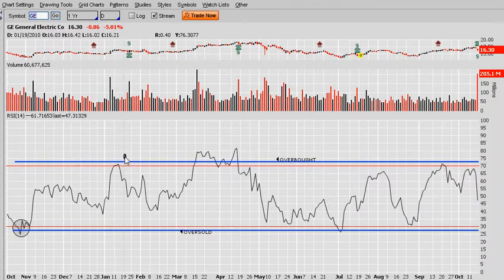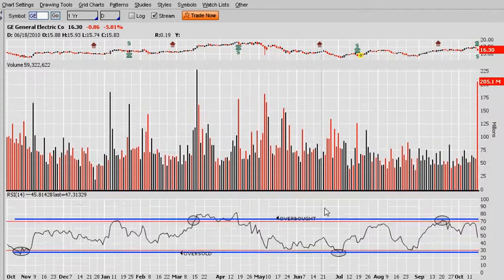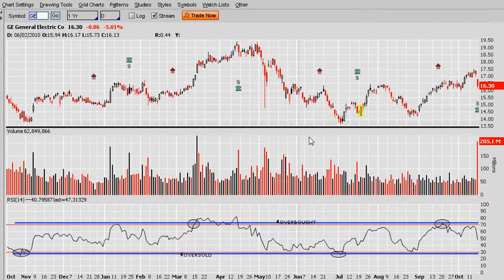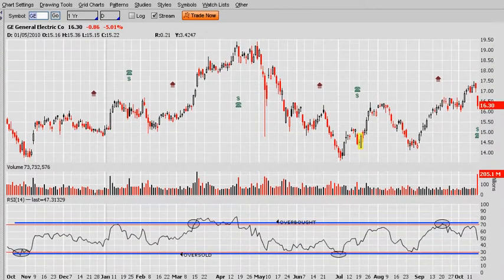Actually, nope, I'm using the blue line. So we would buy there, and we would sell here, and then we would buy here, and we would sell here. Alright, let's see how that works for us. I'm going to move this back down again, and I'm doing this totally impromptu, so I do not know which method is best so far.